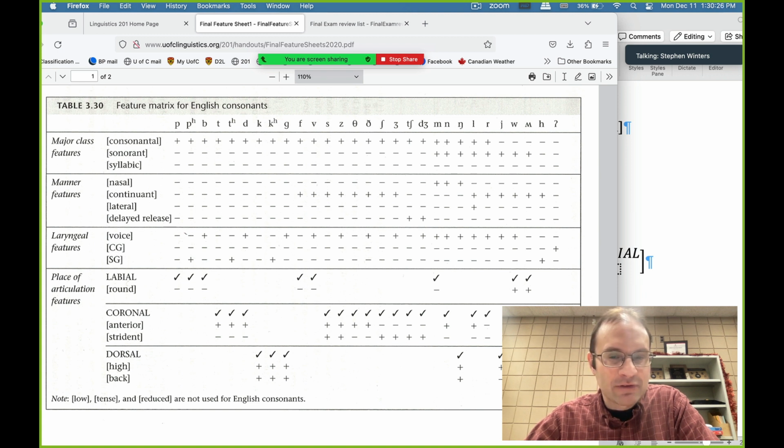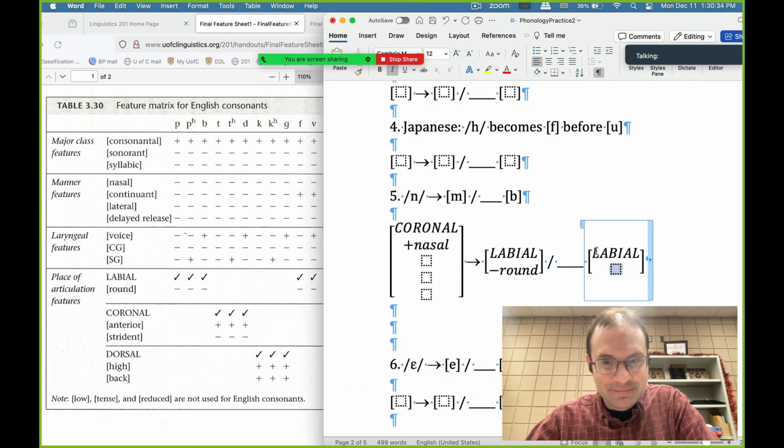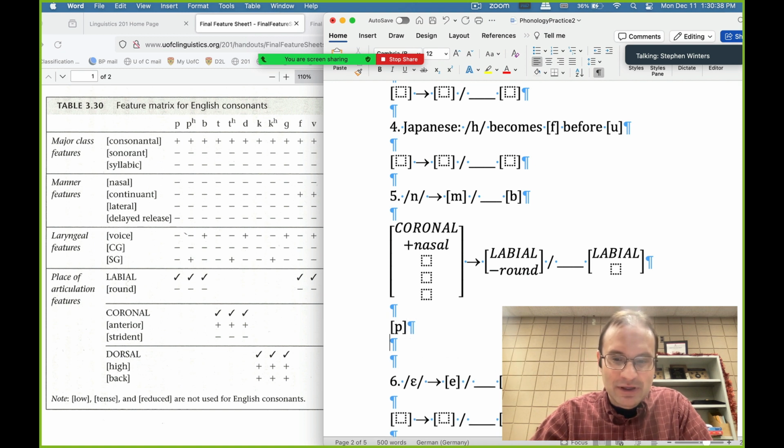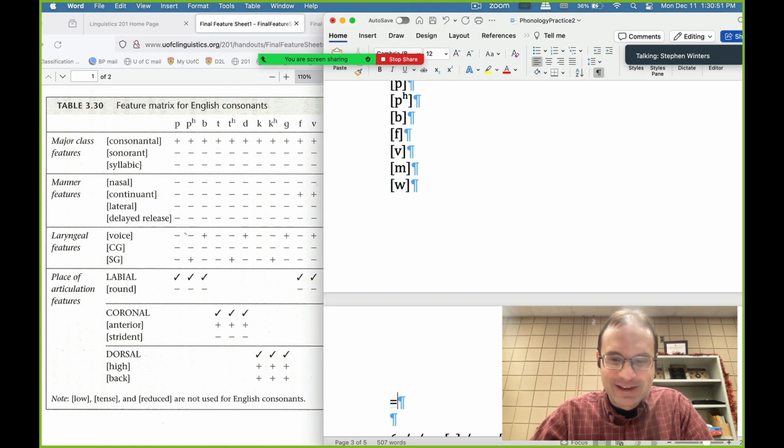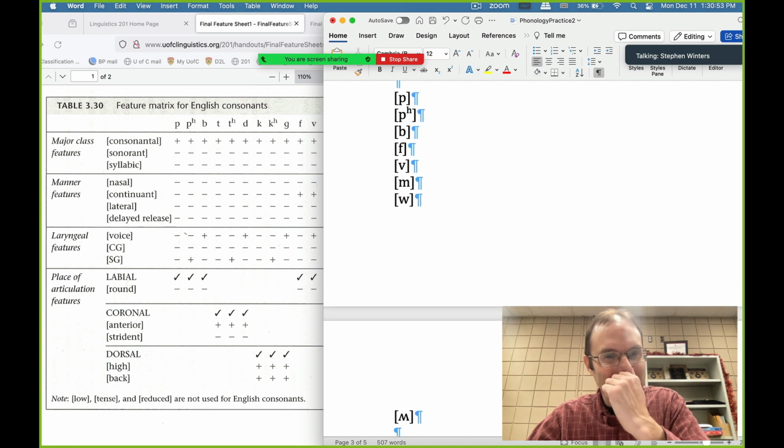So how is B different from the rest of those? This gives us 8 creatures. The P, aspirated P, B, F, the V, M. What else am I forgetting? Oh yeah, the W and the rarely seen voiceless W.